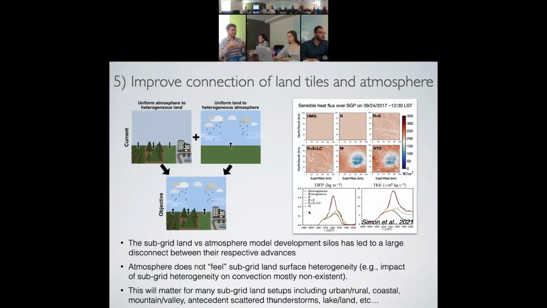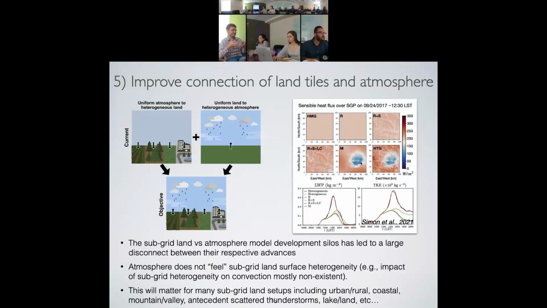What you see here is the response in liquid water path, so effectively clouds. When you force the atmosphere with these situations in a large data simulation, you get this response in cloud development, where you have some peak in the afternoon and it falls off.